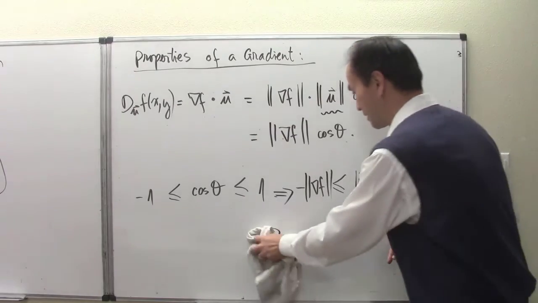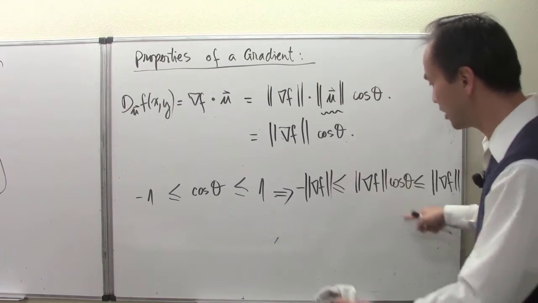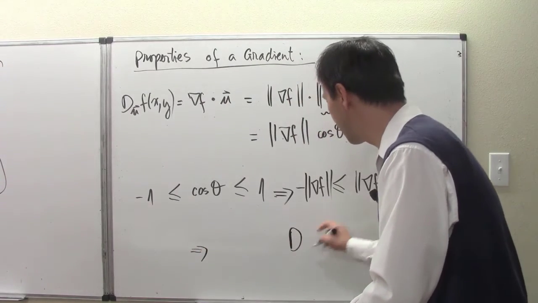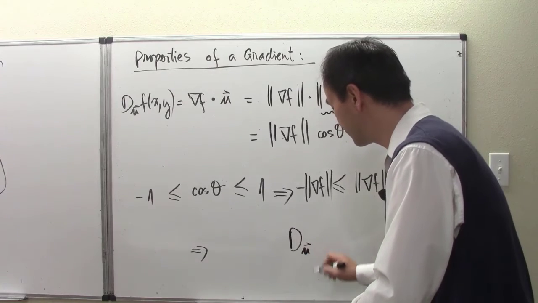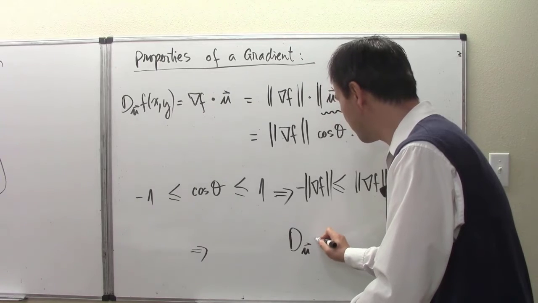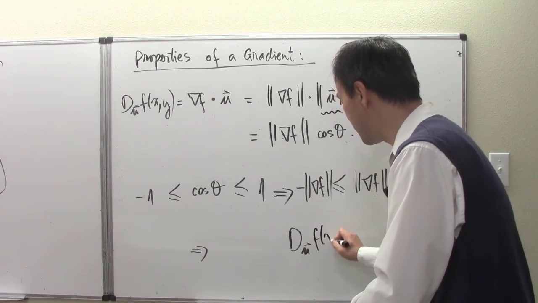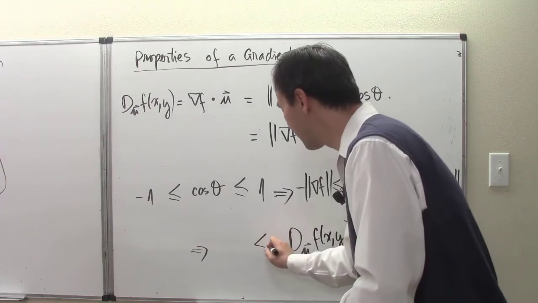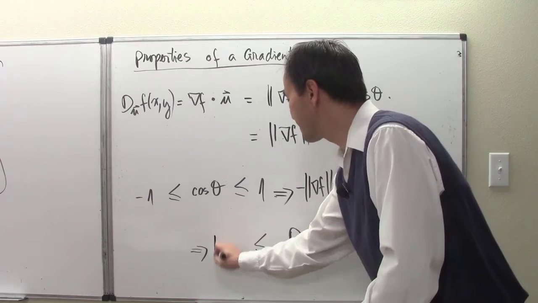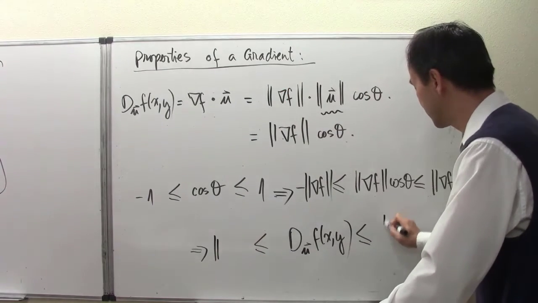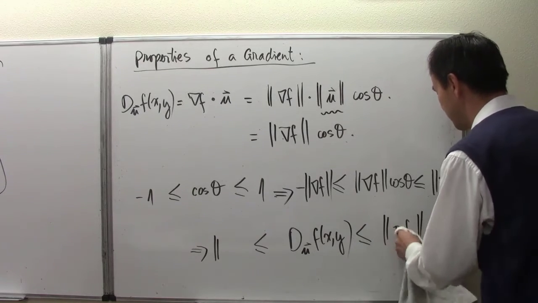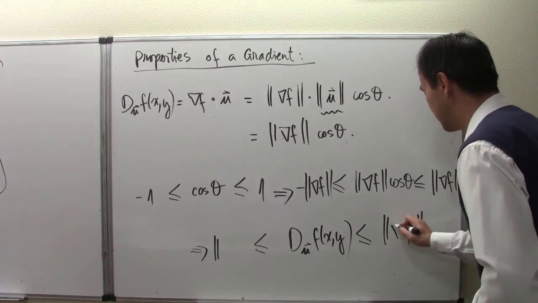But now let's look at this relationship right here in this inequality. I'm seeing that we have infinitely many directional derivatives, but no matter where they are pointing, the maximum value for the directional derivative is the positive length of the gradient vector.